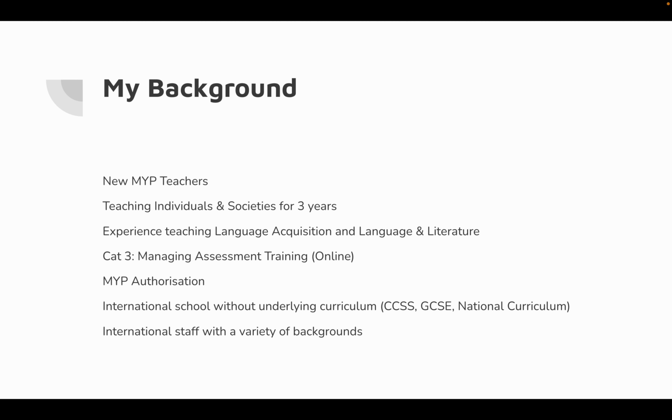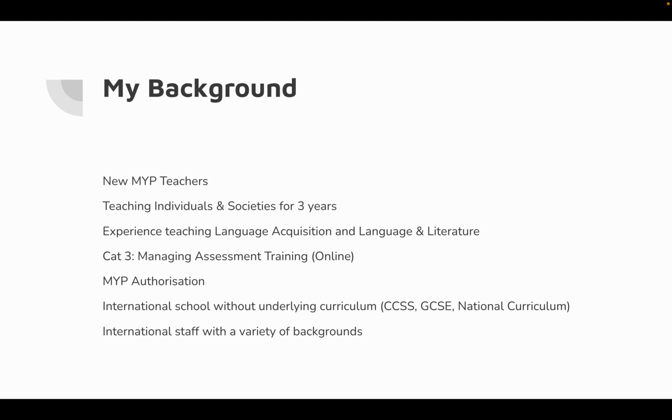And speaking of the teachers, at this international school, we have teachers from all over the world bringing their expertise and different backgrounds, but also different perspectives on what is the best way for students to learn. And I've observed that, depending on their background, some teachers may not be as welcoming to the ideas of the MYP.